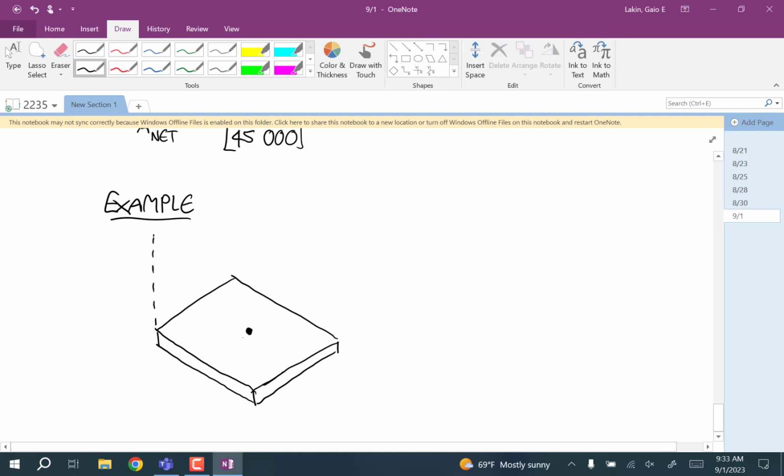And it connects to the wall right above that corner. This distance is 1 meter.